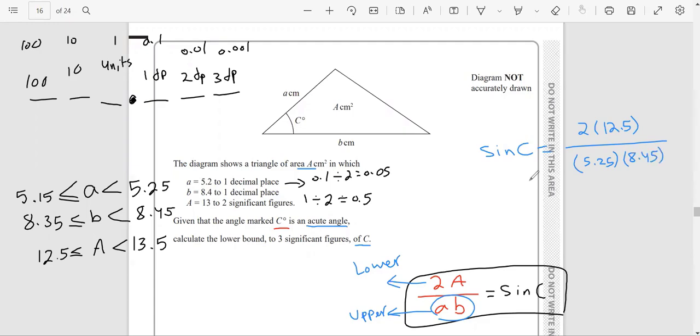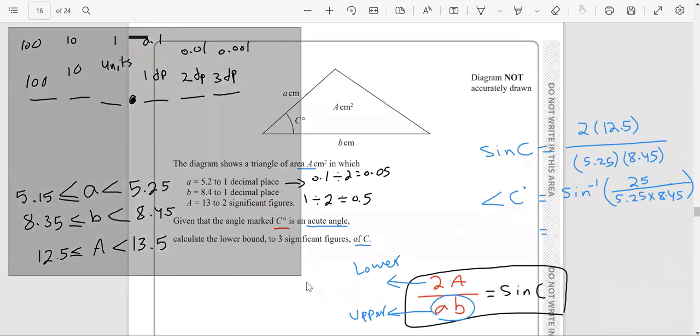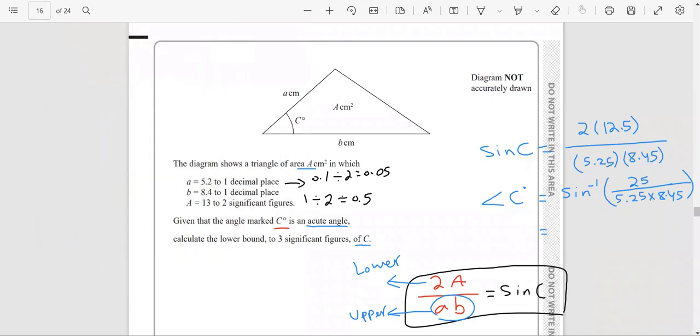If you multiply them, then you do sine inverse to get the angle. Sine inverse for 2 by 12.5, can be written as 25 over the product of 5.25 by 8.45. Let's check the calculator to make sure it gives a proper answer.